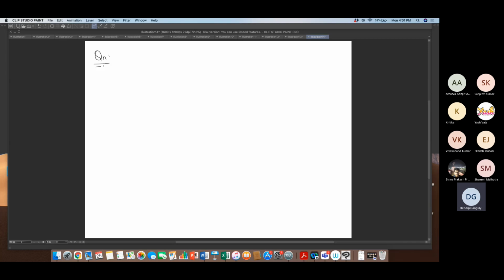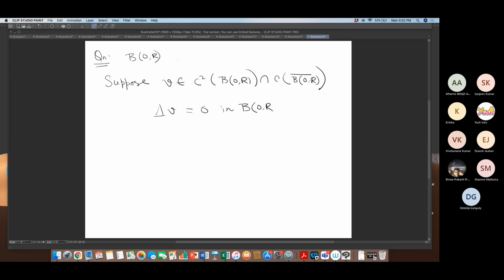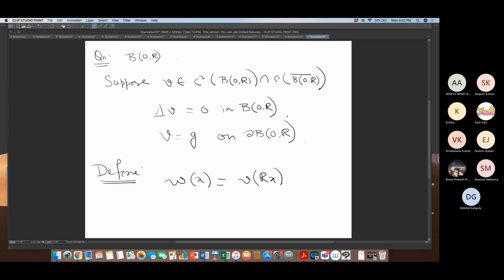Now the question is, now I have to write it for B(0,R). That means suppose V in C² of B(0,R) solves the PDE ΔV = 0 in B(0,R) and V = g on the boundary. Now, as Yash mentioned, we define a function W(x) as V(Rx), x in B(0,1).